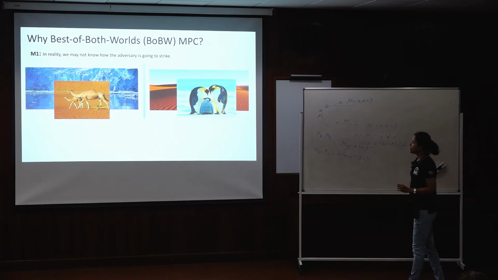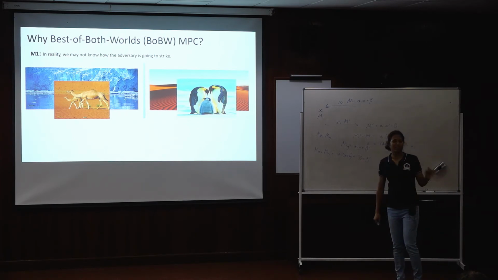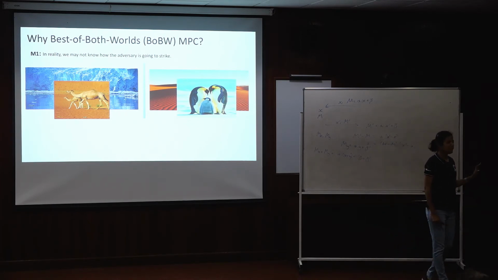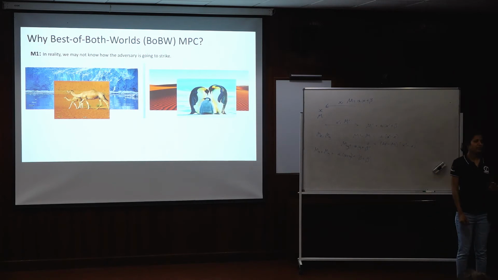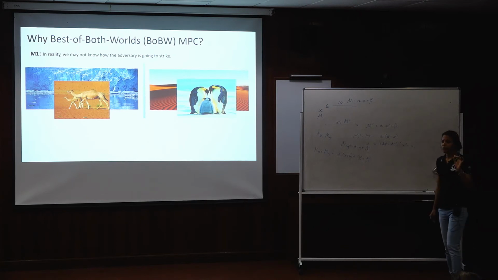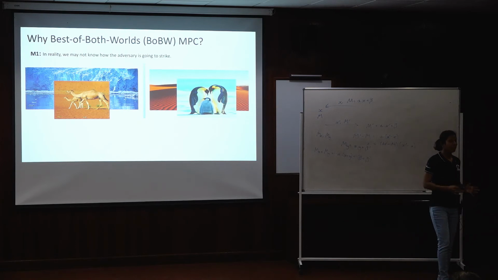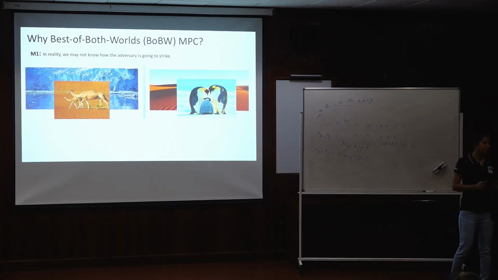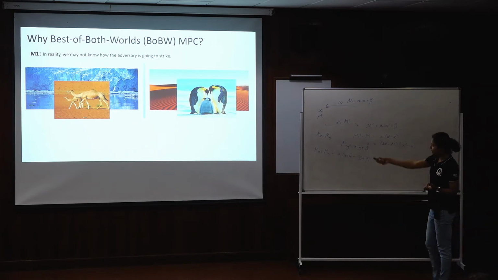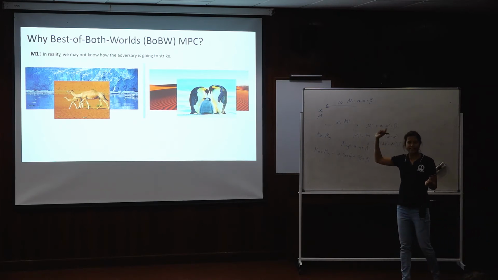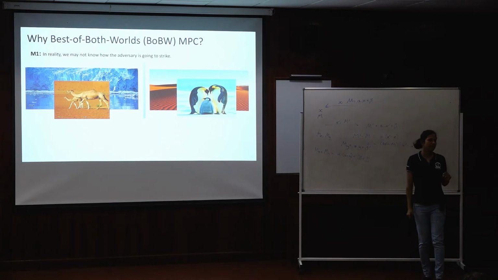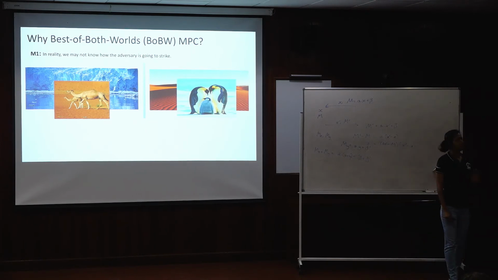Both these species, camel and penguin, are very well equipped to take care of the challenges in their respective habitats. It's not that they live in a very benign environment. The polar region as well as the desert have different kinds of challenges, but they are complementary in nature. That's important. So if you send penguins to the desert and camels to the polar region, they are simply going to perish.